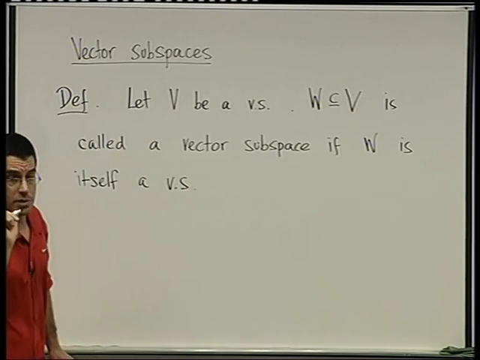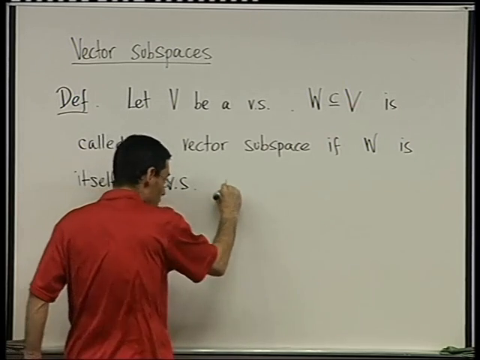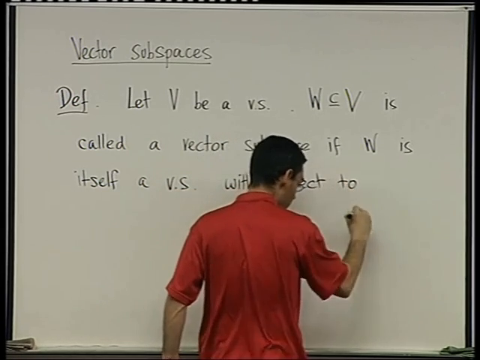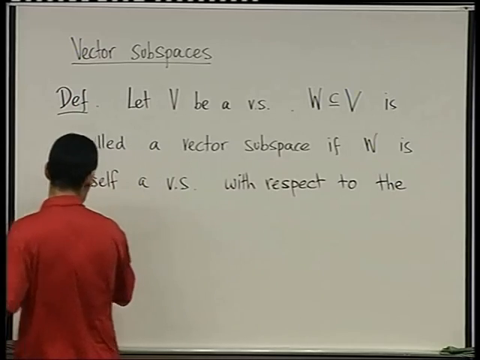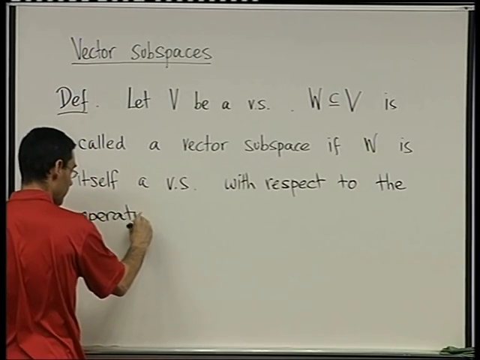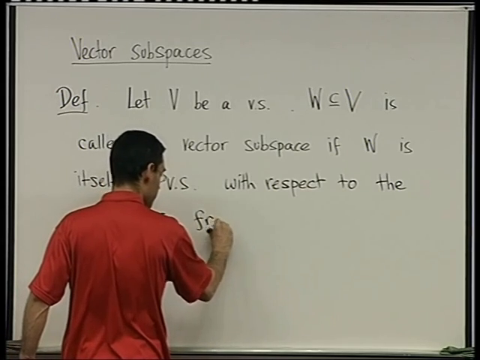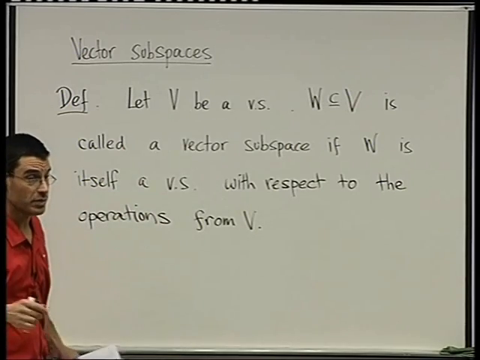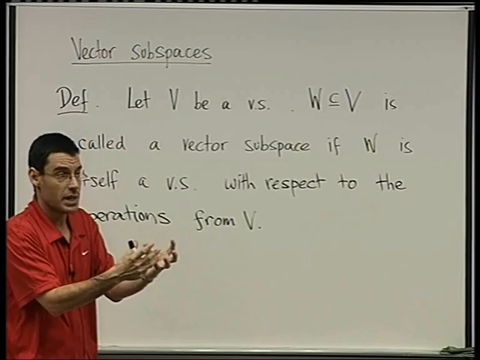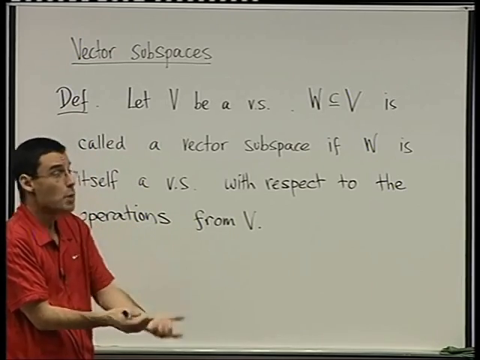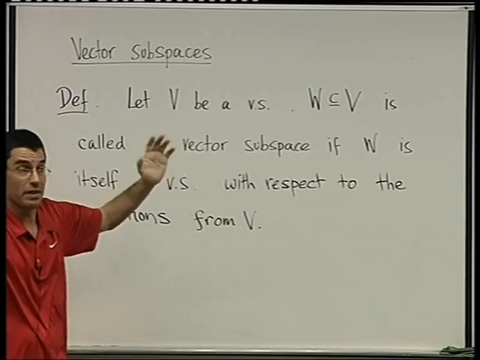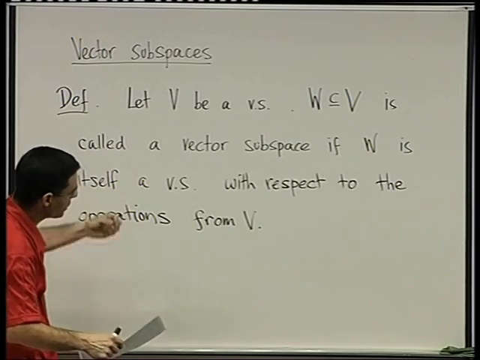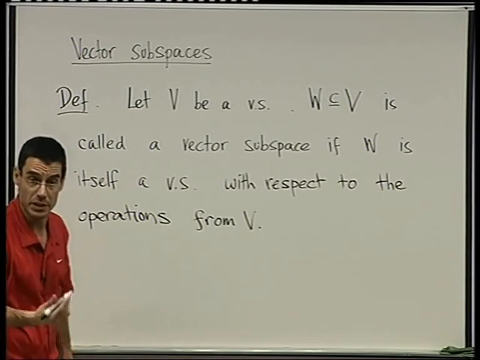And not just any vector space, with respect to the operations from V. So it's not just a vector space with respect to some new operations that you define, but you take some of the elements and they happen to be a vector space on their own with respect to the operations in the bigger world they're living in. Okay? So before we even decipher this more carefully, let's do some examples, some very trivial examples.